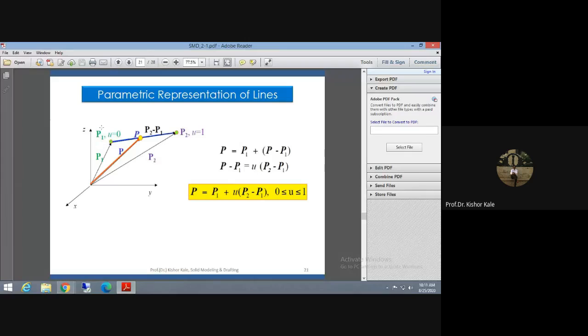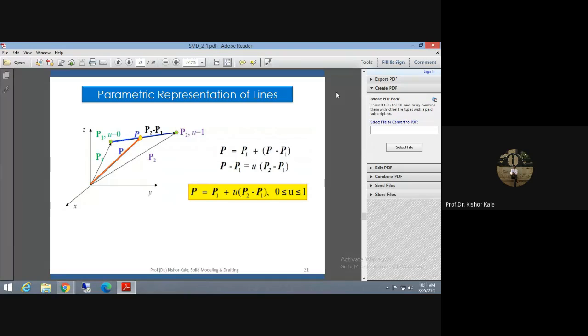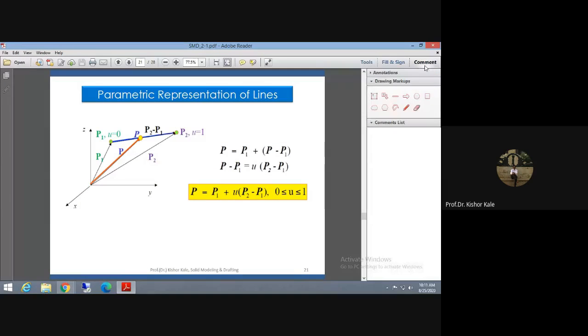First, consider the first point P1, located here exactly. This is your point P1 here. Another point is P2 here.